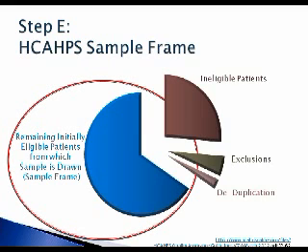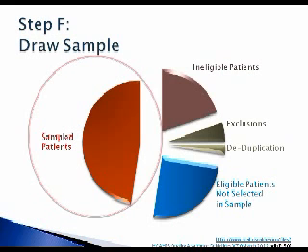Now on the next slide, we construct the sample. After we've taken out the ineligibles, the exclusions, and the deduplications, you have the remaining patients. Depending on how many patients you have, compared to your amount of discharges and your response rate, that determines how many patients we actually choose for what we call drawing the sample.